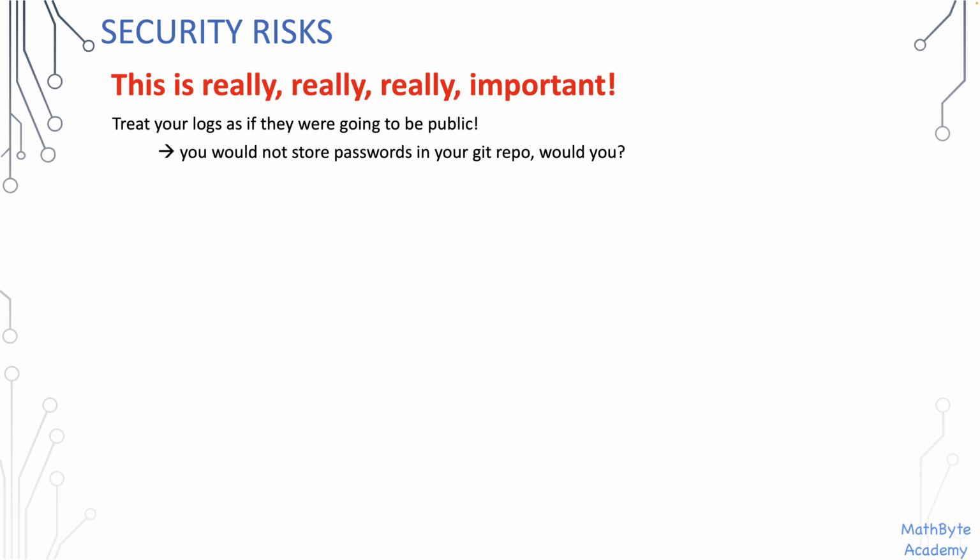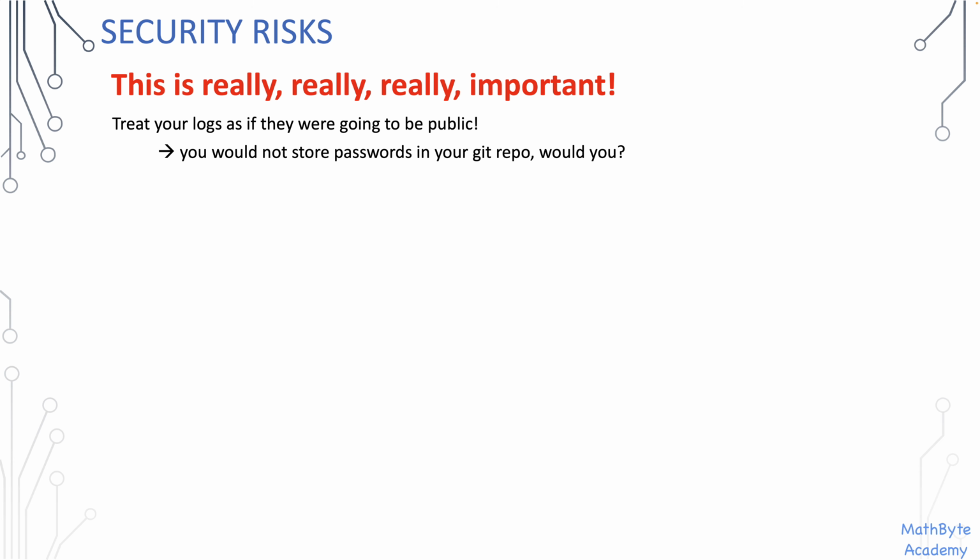Now, another thing that we really need to think about, and this is really critical. It is really, really important, okay? You need to treat your logs as if they are going to be public. Think about your Git repo. Would you store your password or your tokens or your secret keys, your authentication credentials, inside your Git repo that you then push up to GitHub, even if it's private?